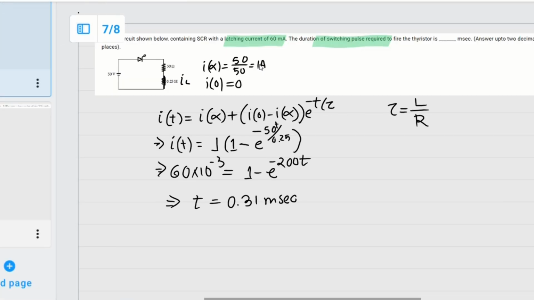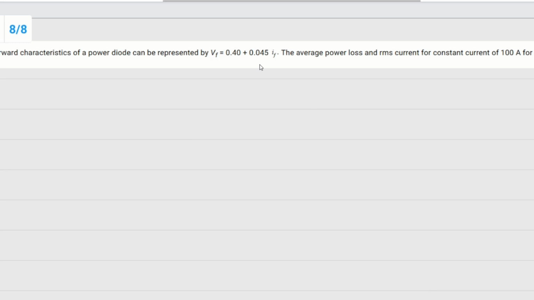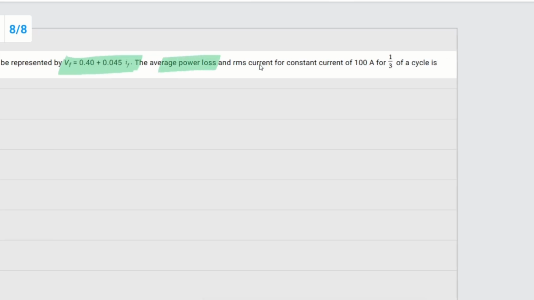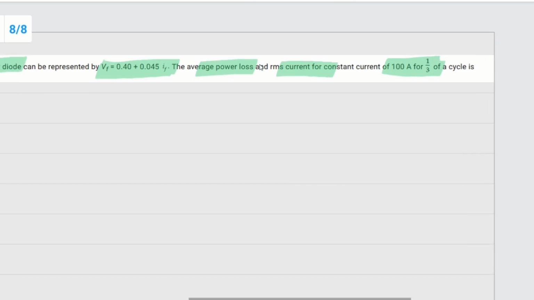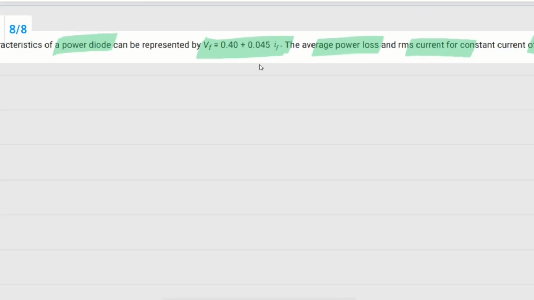Now for the next question, a V-I curve is given for a power diode. The average power loss and RMS current have to be determined for a constant current of 100 ampere for 1/3 of a cycle. So now let's try to draw the curve for the current.